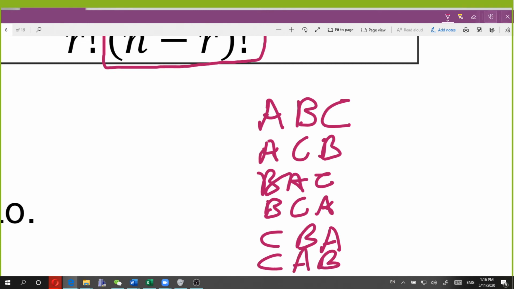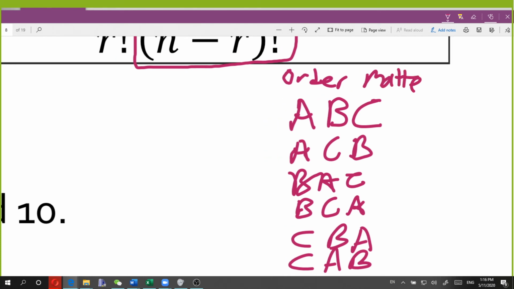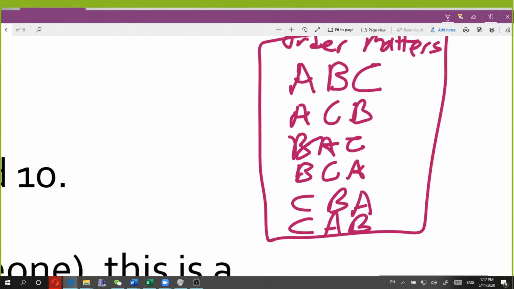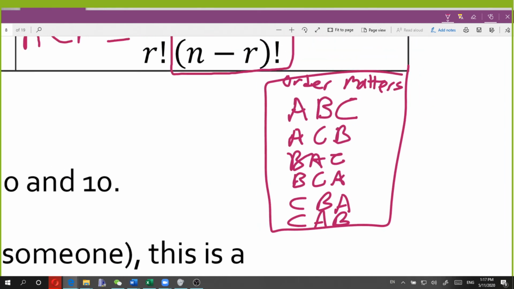All right, so these are all of my options if the order matters. So as a permutation, we've got 6 options. If my order doesn't matter though, then as long as we get these same 3 options, A, B, and C, then we end up with the same combination.